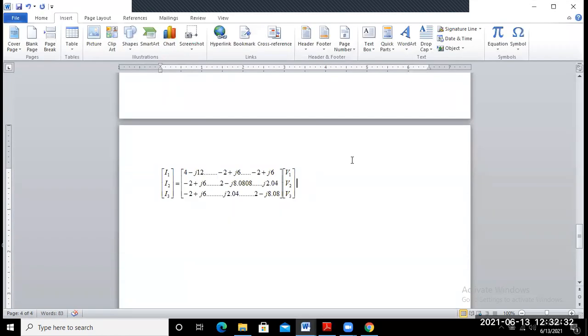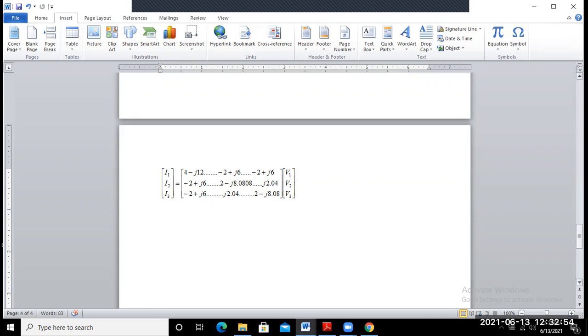Okay. So this is your Y bus admittance matrix. This one is the coefficient matrix of the Y bus admittance matrix: Y11, Y12, Y13, Y21, Y22, Y23, Y31, Y32, Y33. Okay. So this is your admittance matrix parameter.